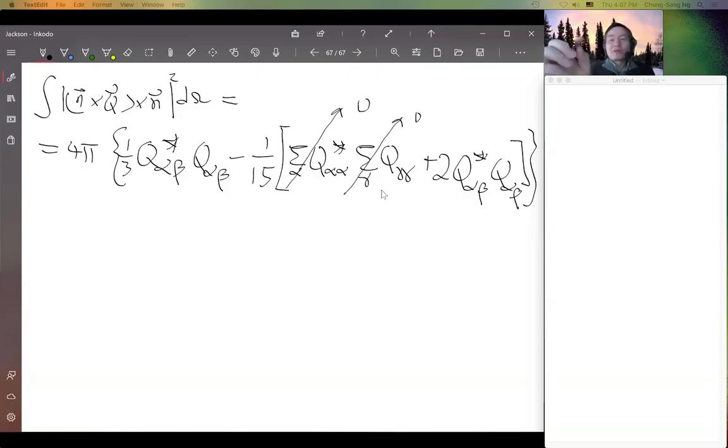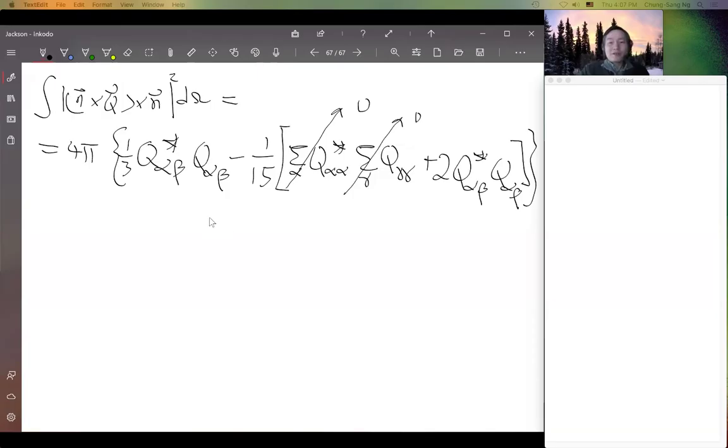Because remember when we defined the Q tensor, we added the extra n term. The extra n term is just to make sure this is traceless. This is exactly 0.